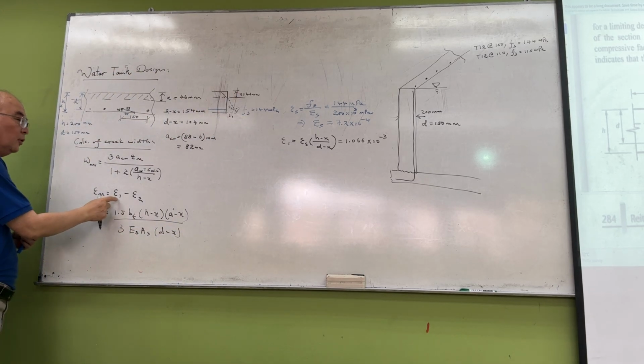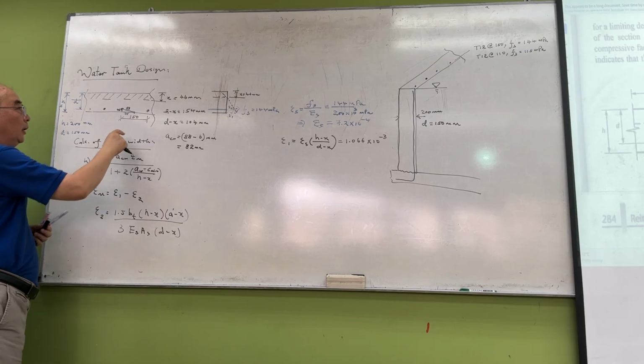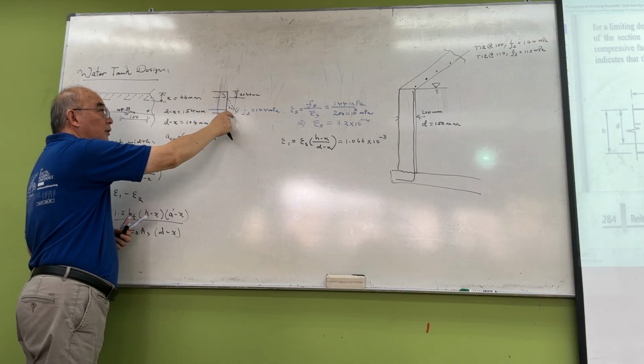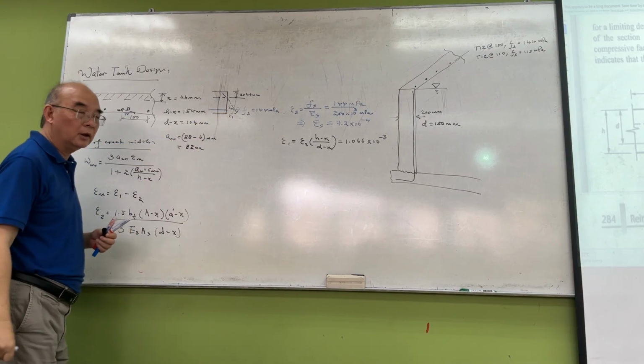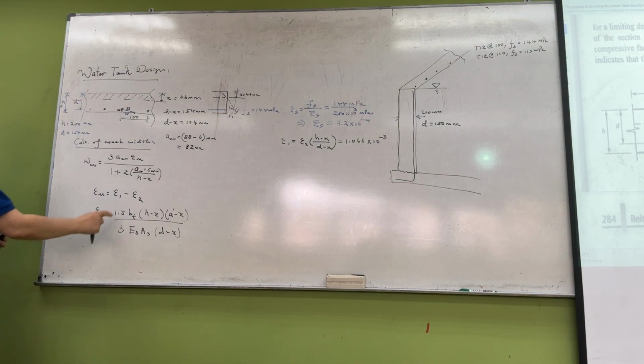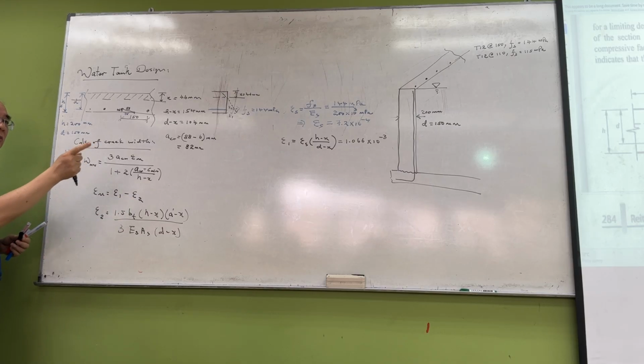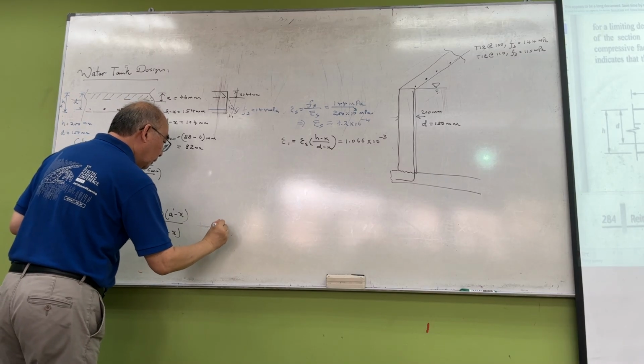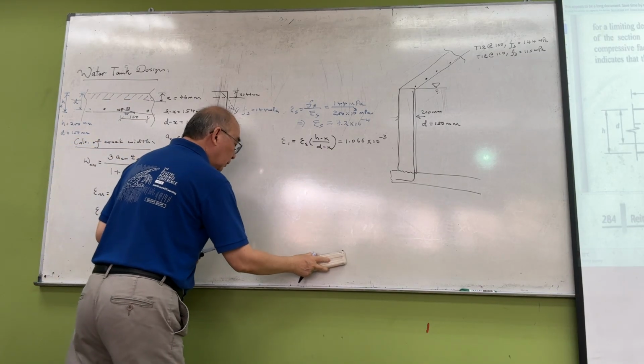So we have epsilon 1, which is the strain at the concrete. This is the strain for the steel. This is the strain at the concrete. Okay? So epsilon 2 is calculated by this formula. This is for 0.2 millimeter crack width.